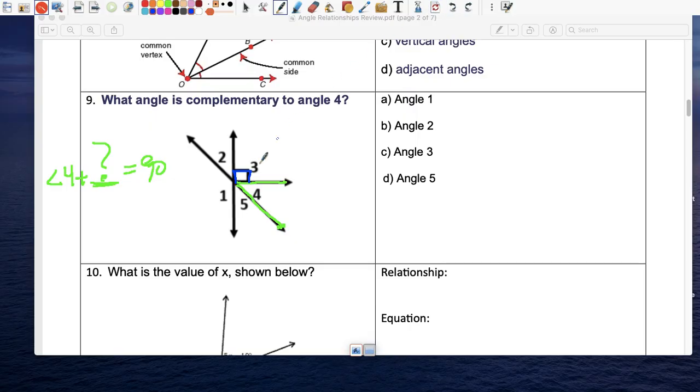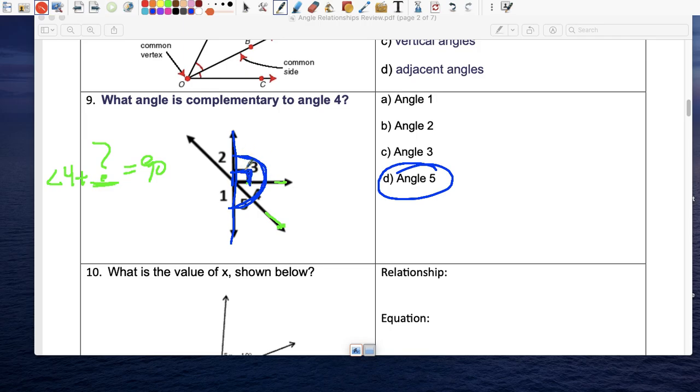So we need something that I can add to angle 4 that will give me 90. The only other angle that I can do that with is this one here, angle 5. Because we know that this is a straight line, right? So this whole thing is 180.